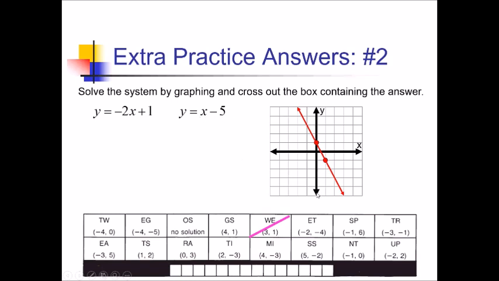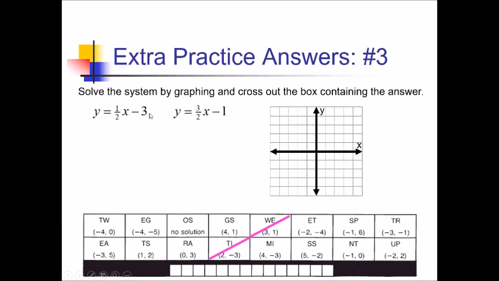That's all the way down here. And then we have x right here, so that's really an invisible 1 next to the x. So that's a slope of up 1 over 1. Draw that line. And if we draw this accurately, these are going to cross at this spot right here, which is 2, -3. Looking down here to see where that is, I see we have a TI next to the 2, -3, so let's cross that one off.